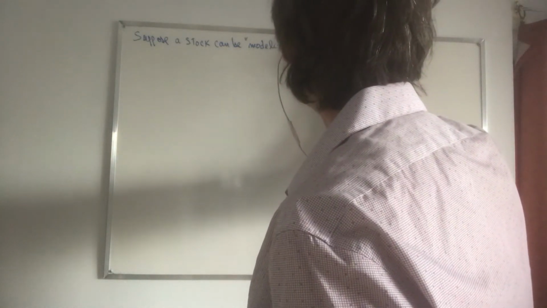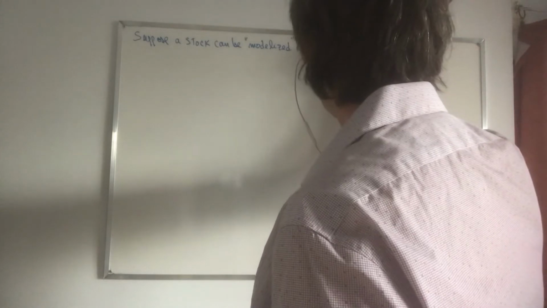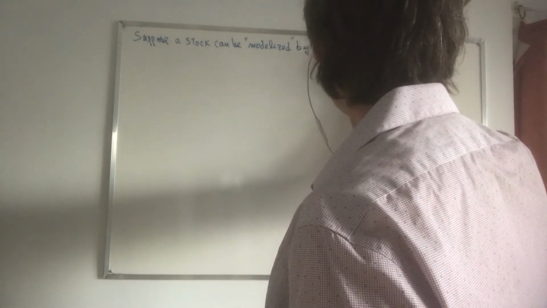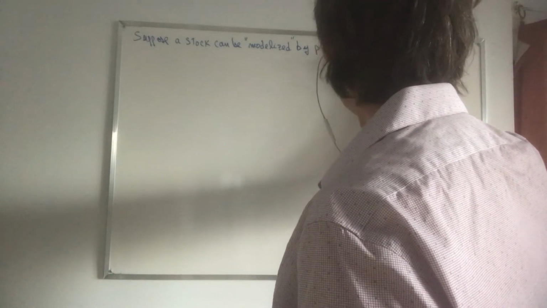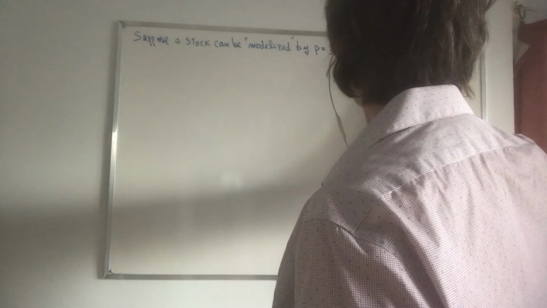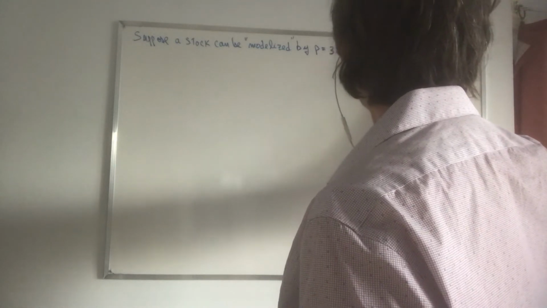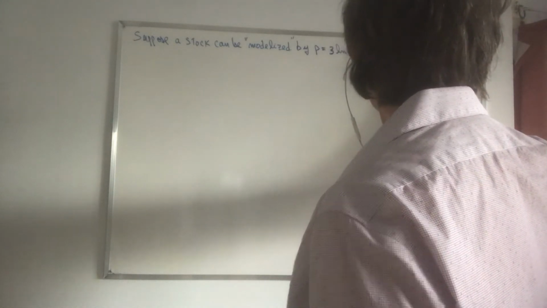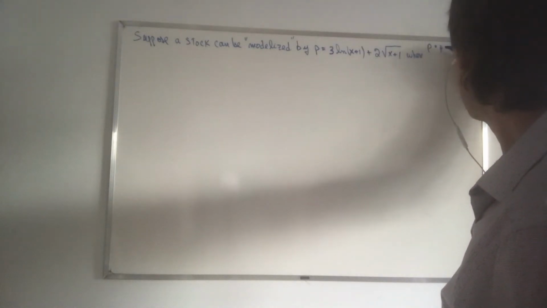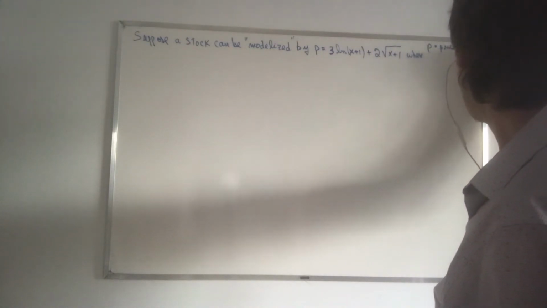By the function P = 3 ln(x + 1) + 2√(x + 1), where P is the price in dollars and x is time.